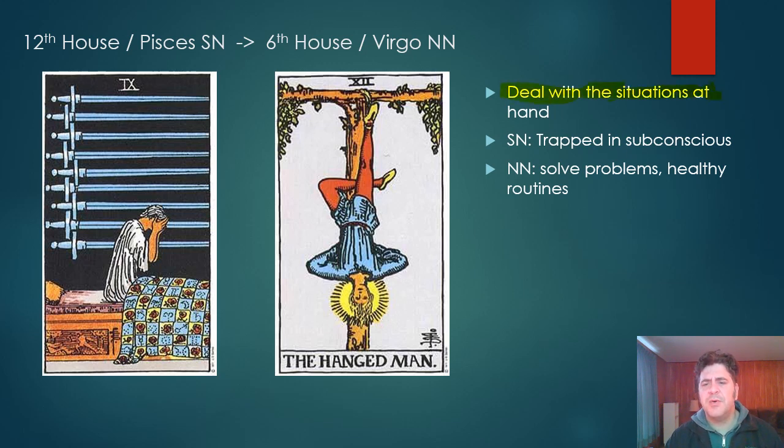This is someone who might feel trapped in their subconscious, feeling very sensitive, losing hope, that sort of thing. But in their north node, they learn to solve problems and to make their bed and to take each situation, each day, one step at a time.